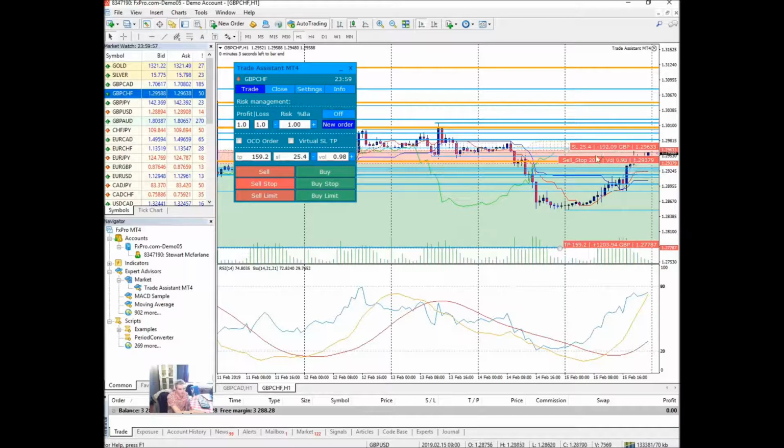So for £192 risk, roughly, we'll be trying to go for the 1200 level potentially, or somewhere nearabouts there.